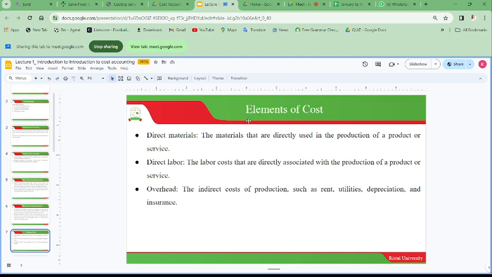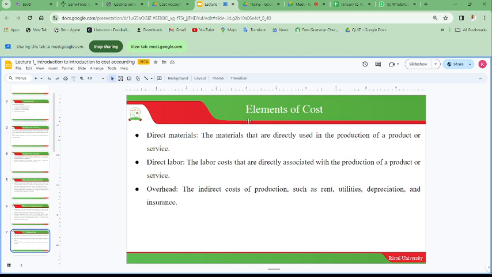These are all examples of indirect labor. And then under overheads, we have utilities. Examples of utilities are electricity, water, and gas used in the production process.